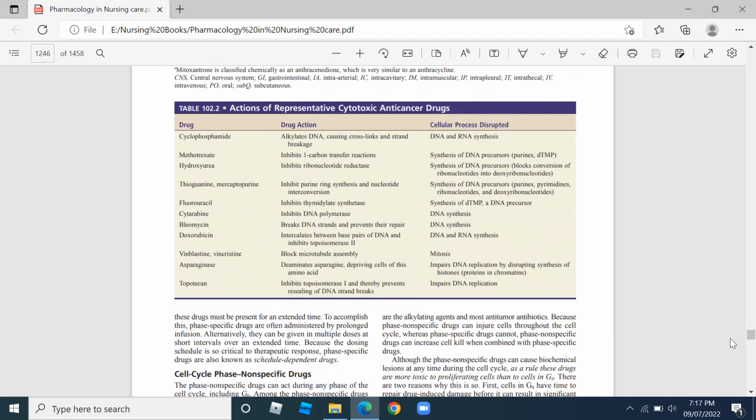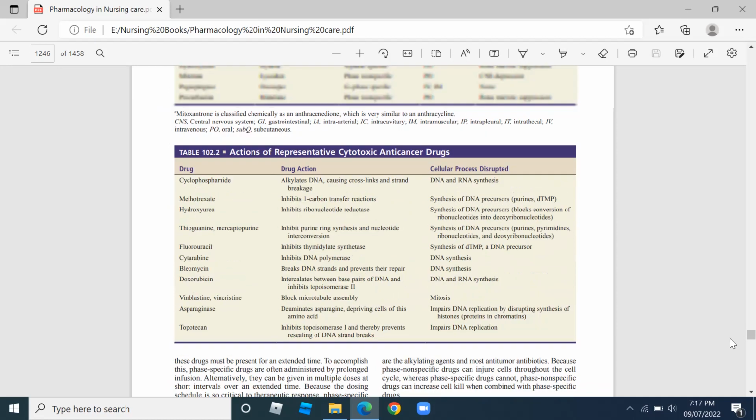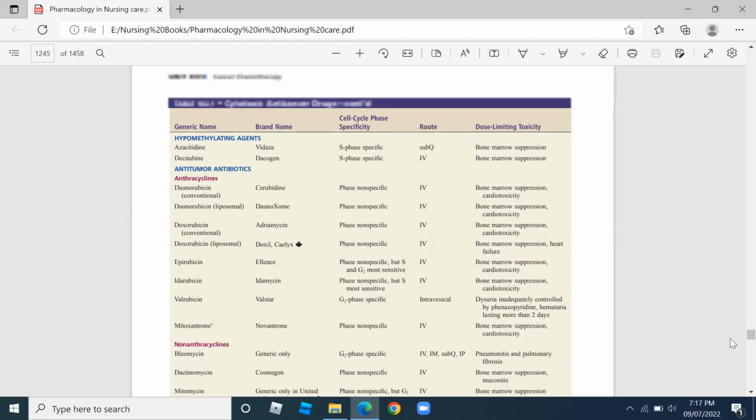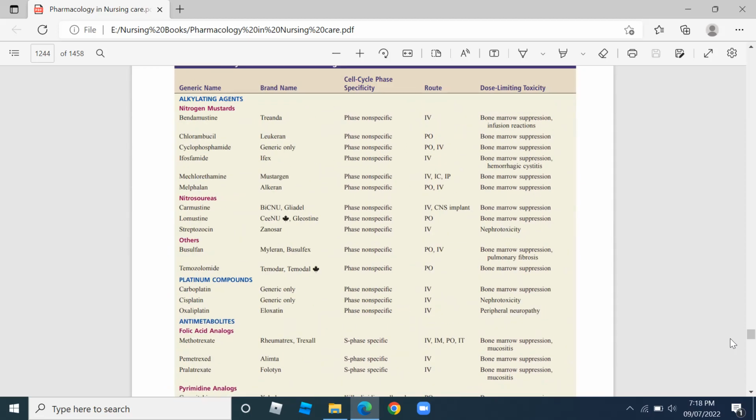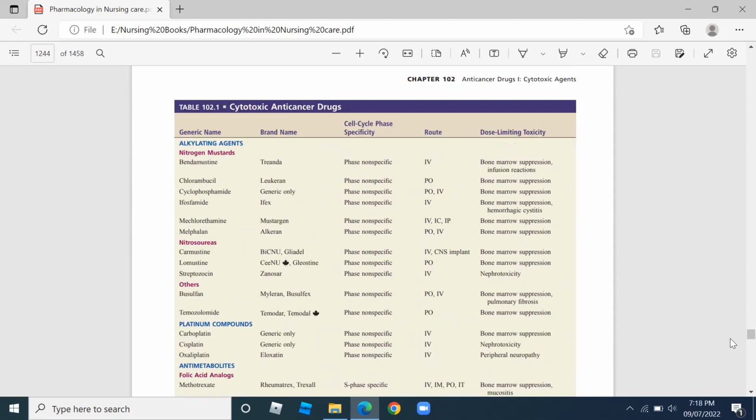Now we come to Table 102.1, in which we see the classification of cytotoxic drugs in a brief view, with their brand names, their phase specificity, their route of administration, and their dose limiting toxicity.